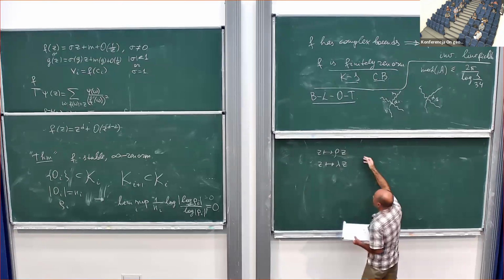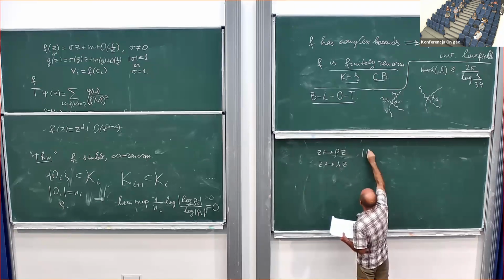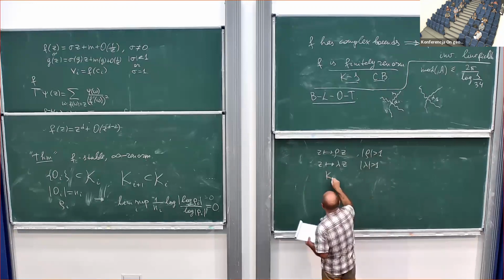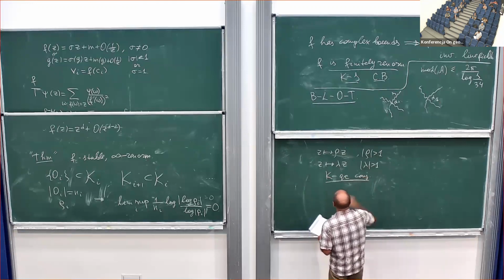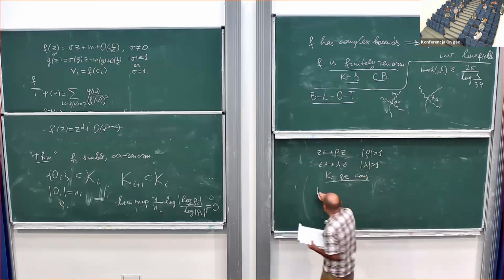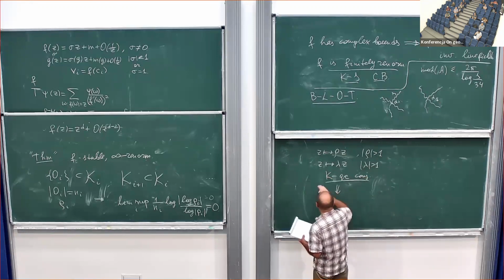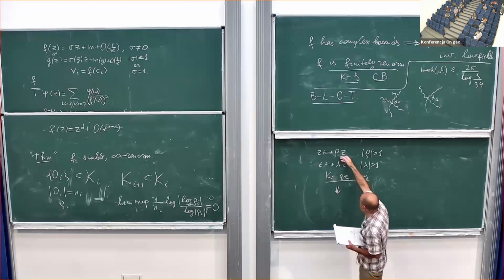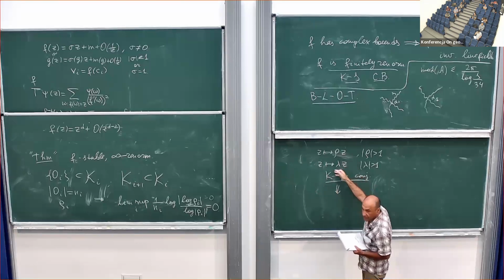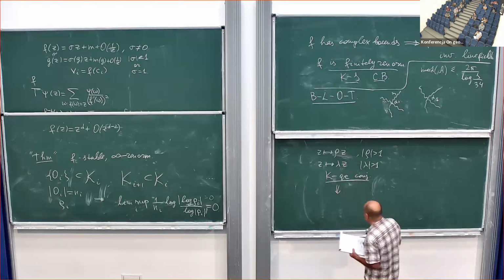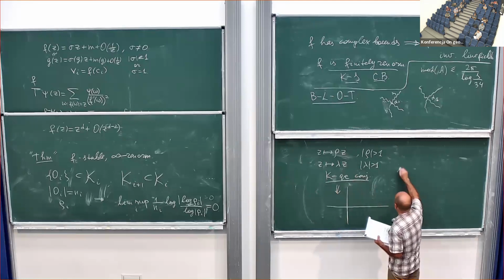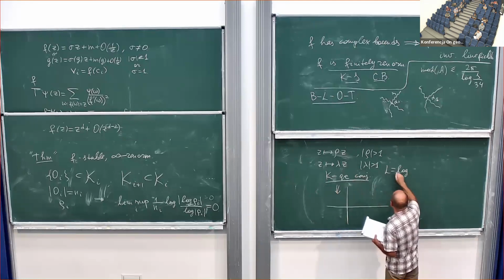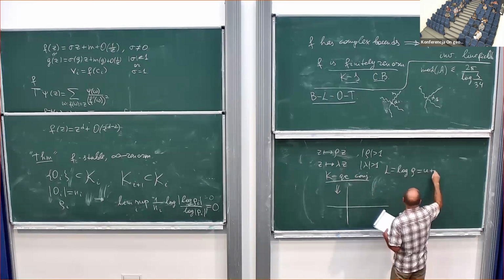Just a nice picture. So assume that these two maps are K quasi-conformally conjugate. Then of course there is a relation between rho and lambda in this case, and the relation is the following. So there is log rho, u plus iv.